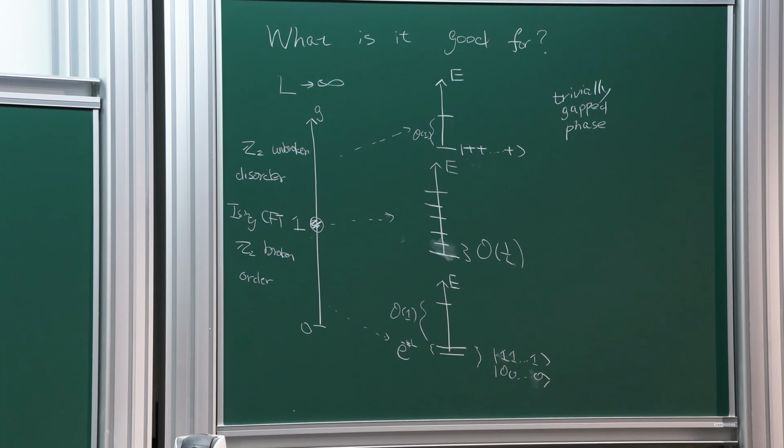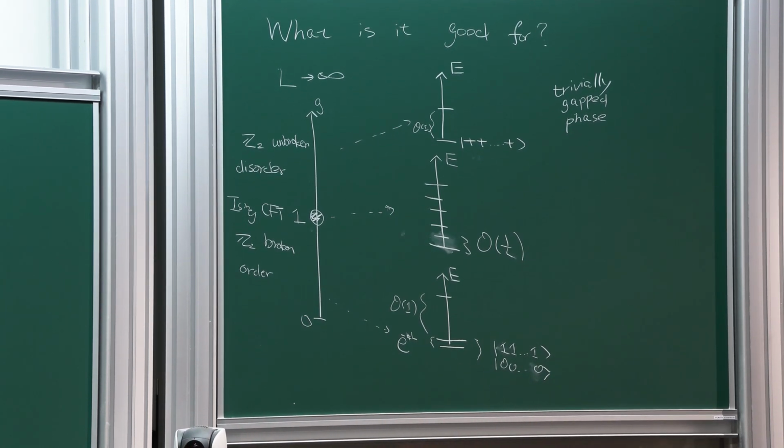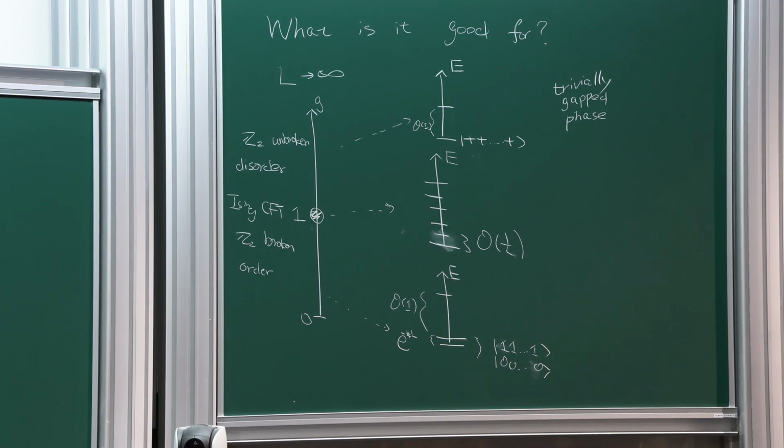And therefore, you would like to consider a more general model while still preserving the non-invertible symmetry. And there are many such deformations. In fact, there are infinitely many. One way to see that is if you go back to the Majorana model. We made a big deal that the Majorana model is different from the Ising model, but they only differ globally.